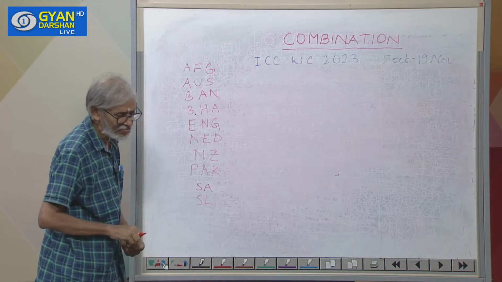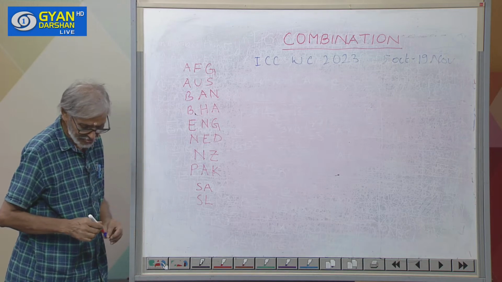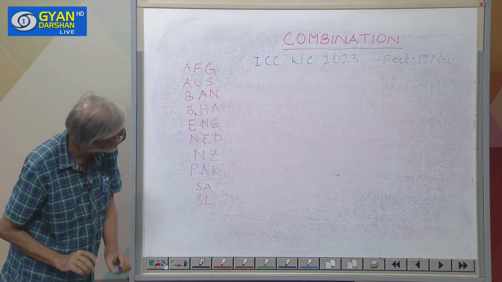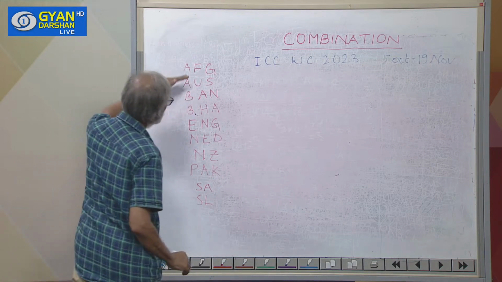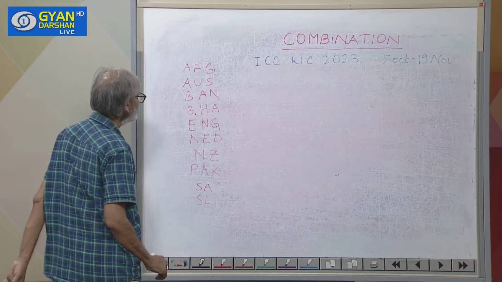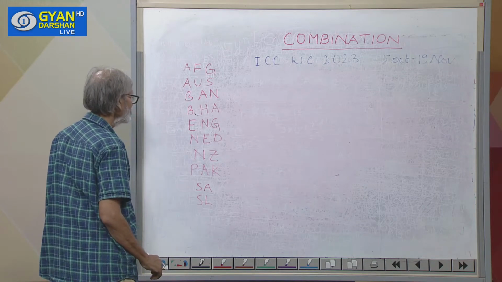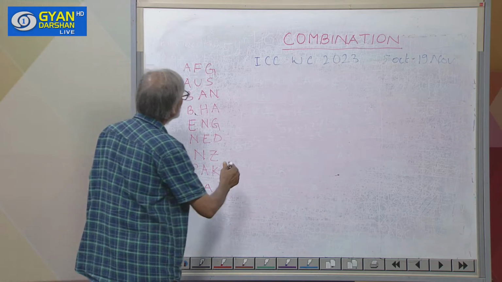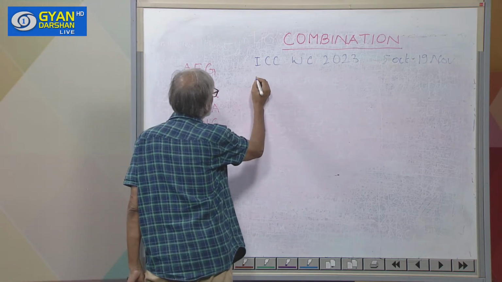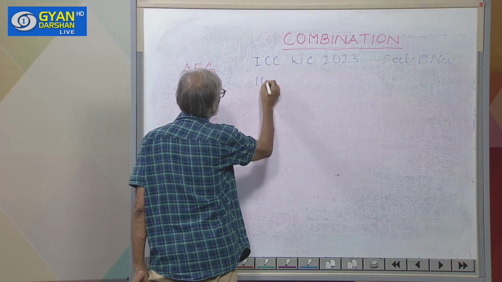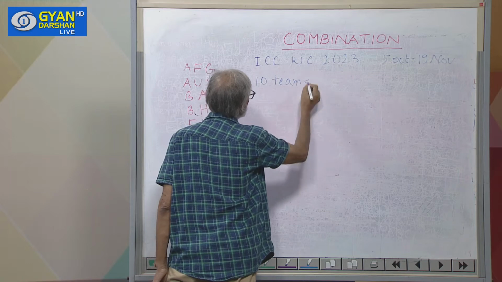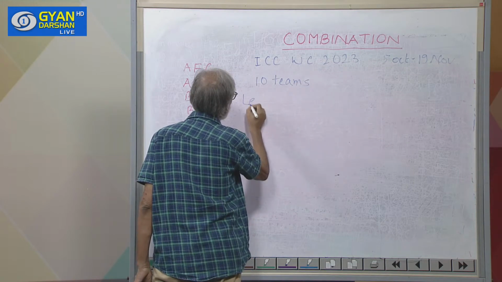So, first the league matches will be played. League means that these 10 teams are there, so each one has to play with each. So, out of these 10 teams, how many league matches will be there?